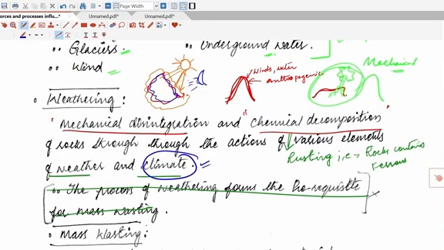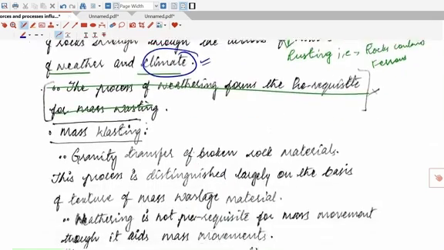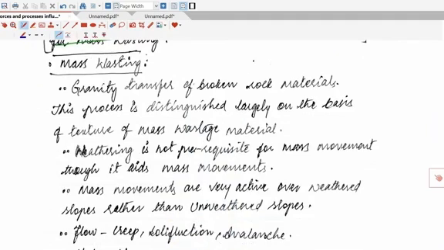So now we have seen what is weathering. Now we'll get into another topic, mass wasting. Mass wasting is nothing but, consider this relief. Now what happened is, due to some glacial activity or due to any kind of weathering, this rock breaks into granules, and with the help of gravity, this comes to the surface.